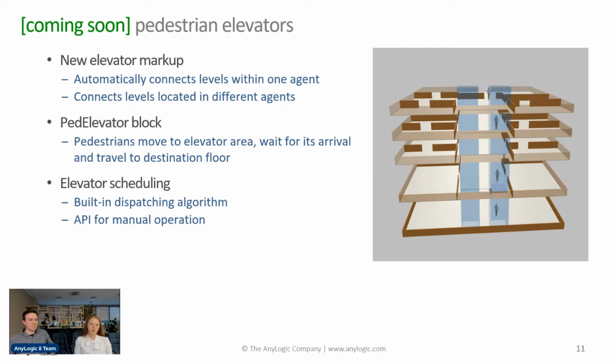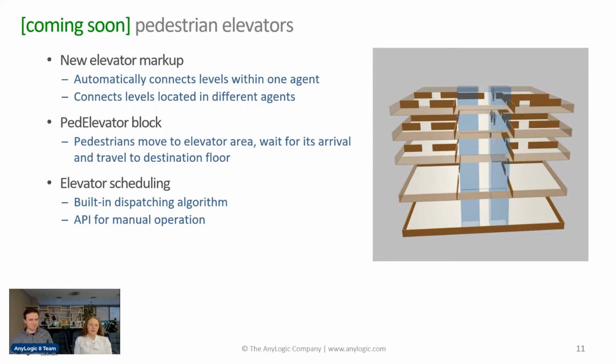But we hope that after several releases of AnyLogic, you can just look inside the pedestrian library palette and understand how to make the elevator and how to add it inside your model, because it will be super easy.